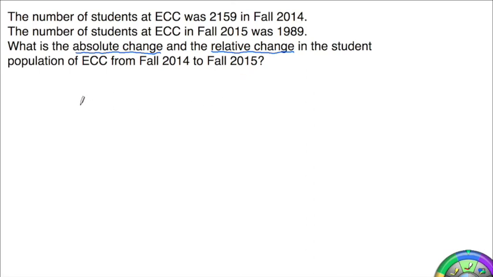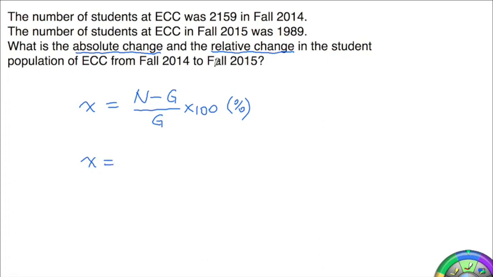So the formula is this. It's x, the percent change, is equal to new minus old over old times 100, and then don't forget to tack on the percent sign. Alright, so in this case the new value is the more recent one.